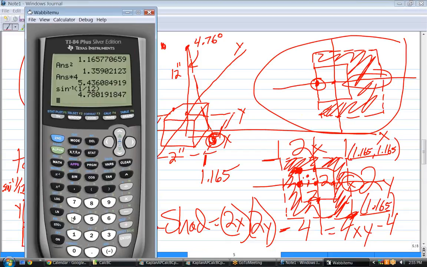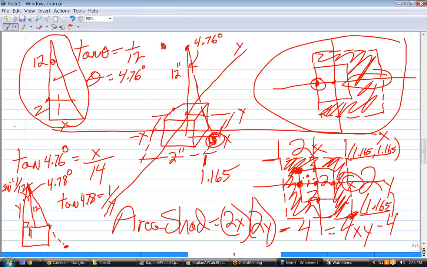So y is 1 divided by the tan of 4.78, 11.96. So this distance here is 11.96.